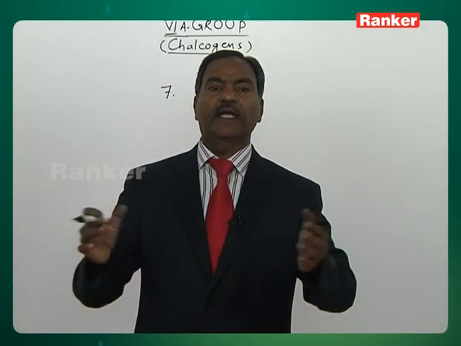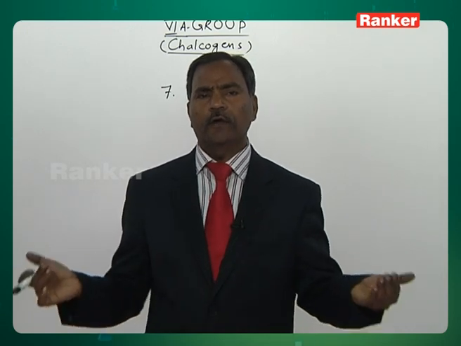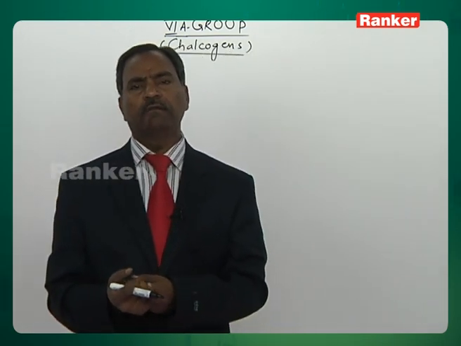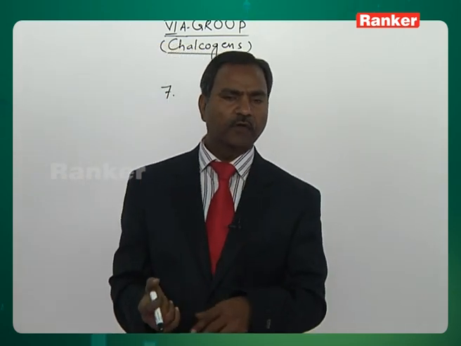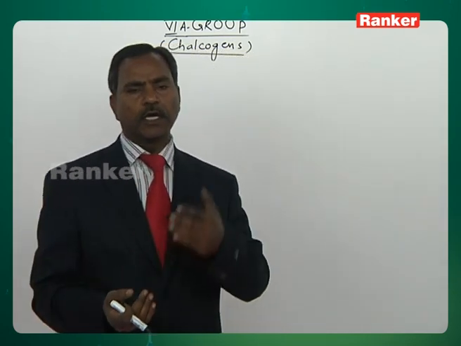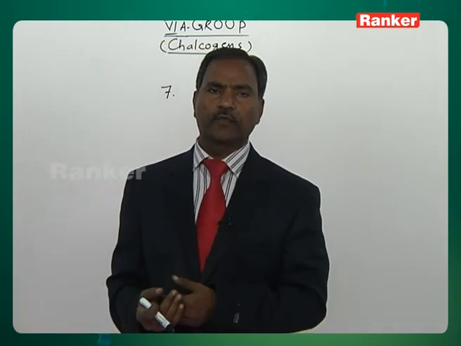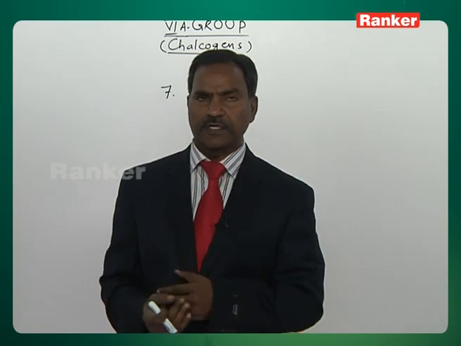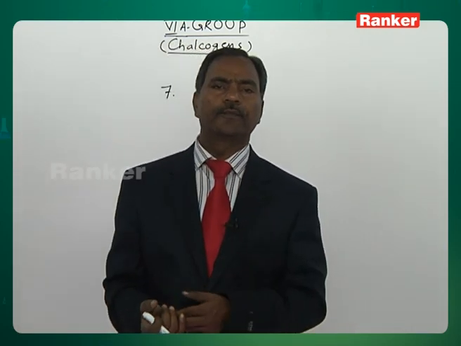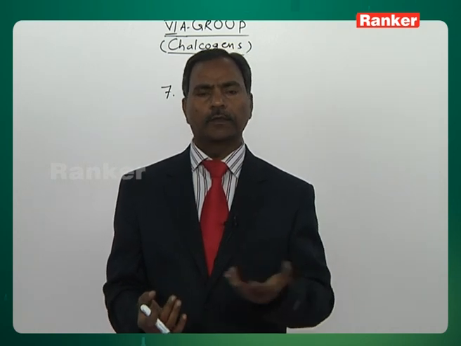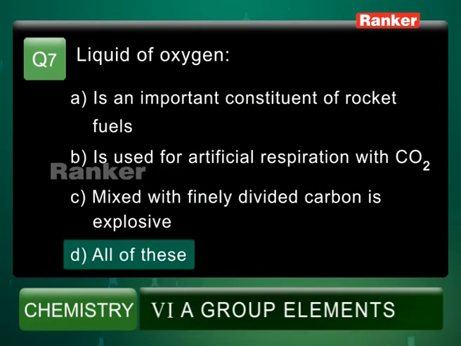Finely divided carbon is active carbon, what we call active charcoal. Whenever active carbon is mixed with oxygen, it easily bonds and an explosion may take place. Therefore, liquid oxygen can be used as the fuel in rocket fuel, for artificial respiration, and also causes explosion on intermixing with charcoal or carbon. So for question number 7, all are the correct answers. Answer is D.